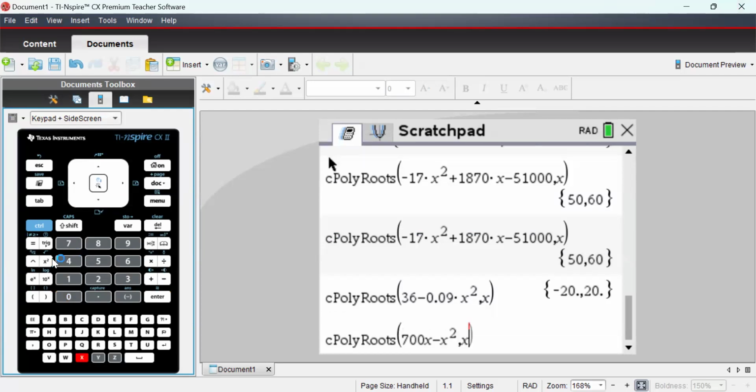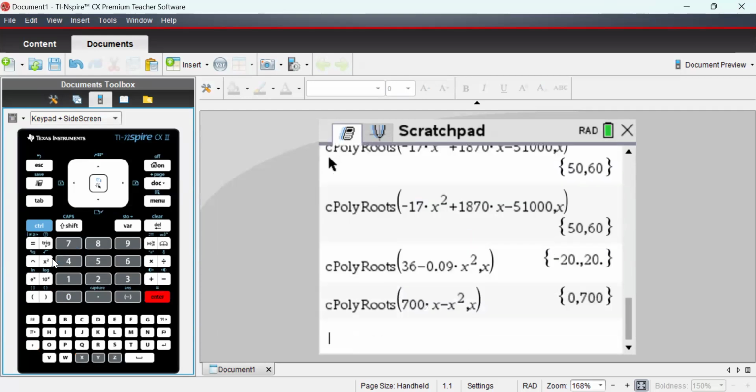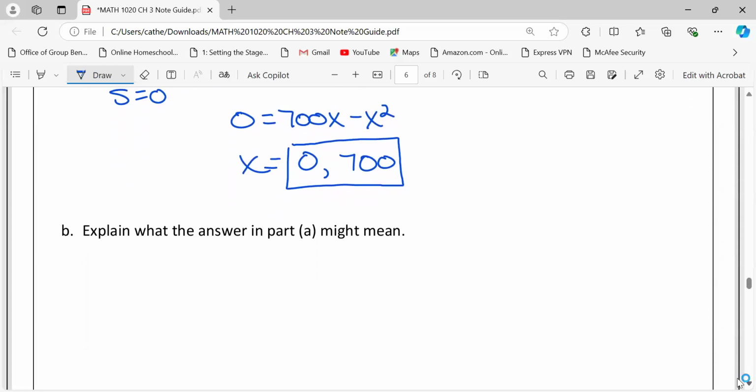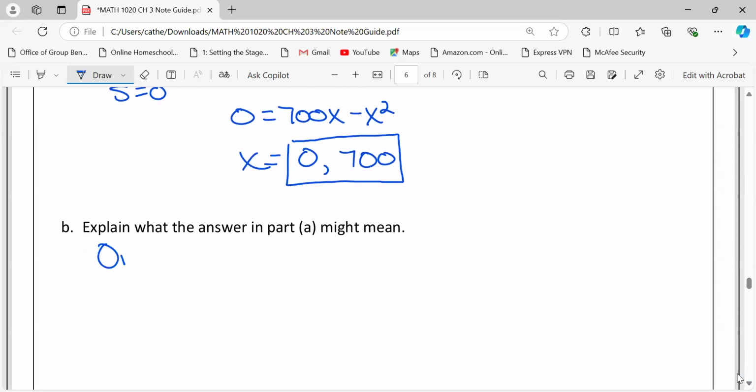Don't forget your square. So 0 and 700. So it's a drug. So the dosage, we have 0 milliliters and 700 milliliters.